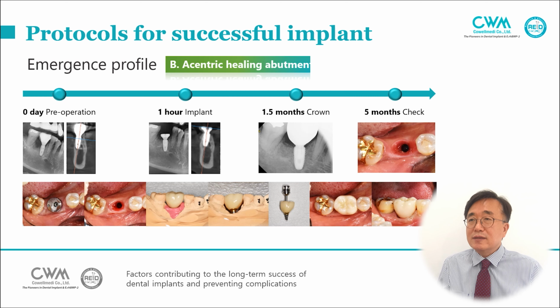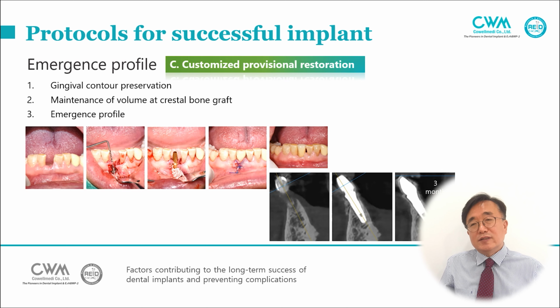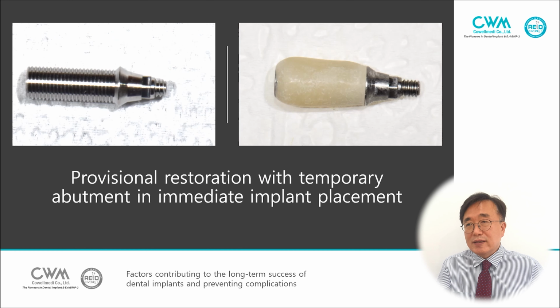So the implant's buccal bone was grafted with an eccentric healing abutment. After 1.5 months, a new crown is inserted according to the new emergence profile. So the emergence profile was maintained, the natural shape gingival line. And if you use a customized provisional restoration, we can get the natural gingival line.